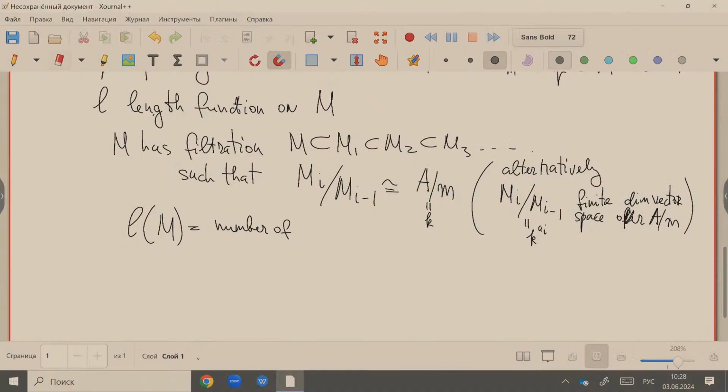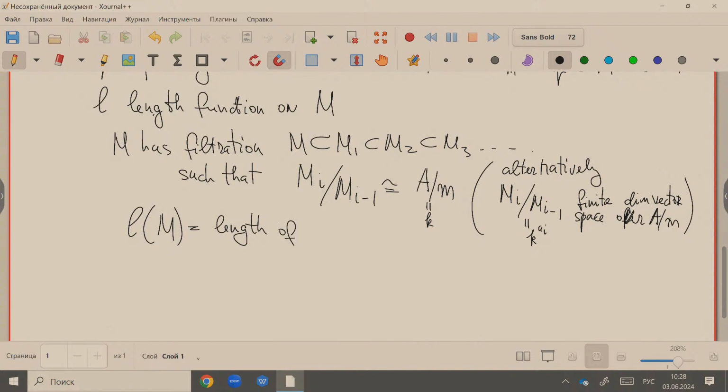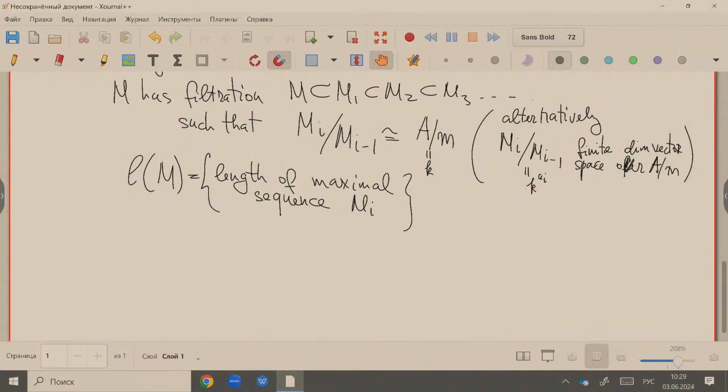Length of the maximal sequence. And one should prove that this doesn't depend on the choice of filtration. More generally, you can introduce this length function as follows.